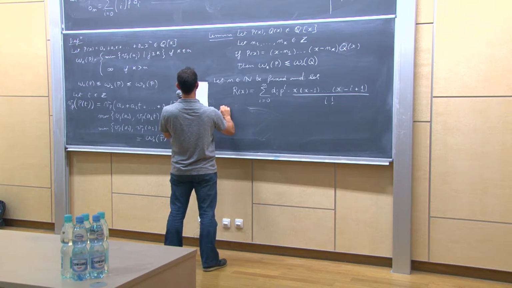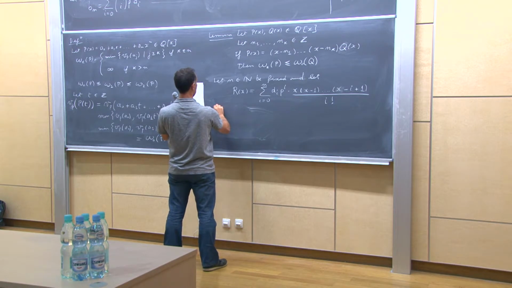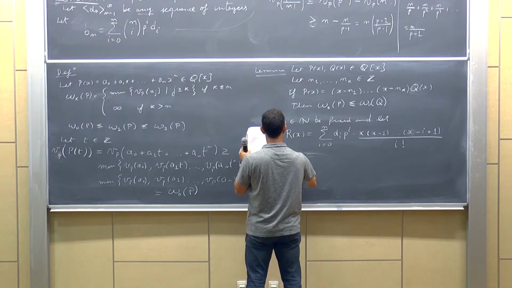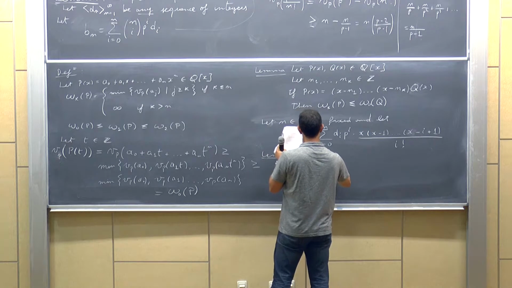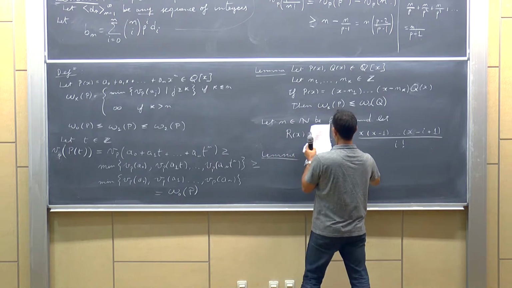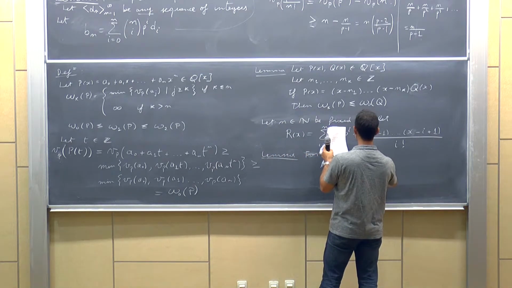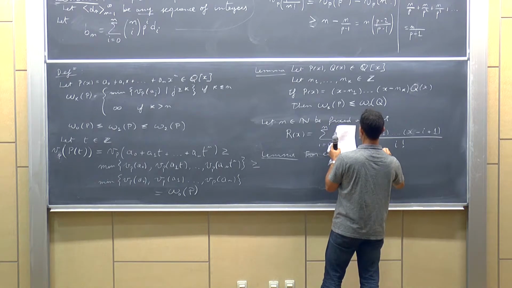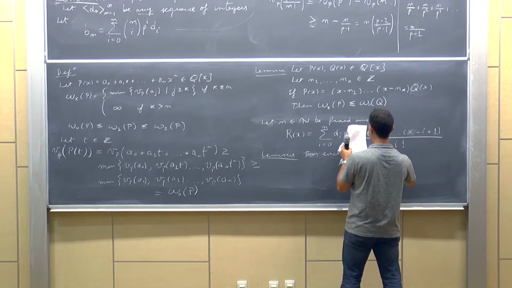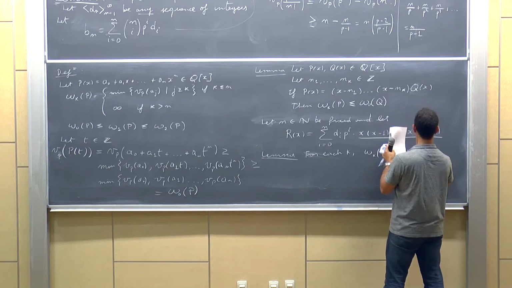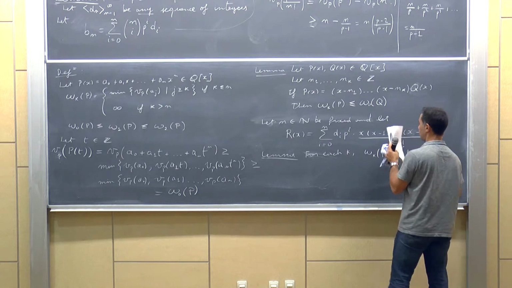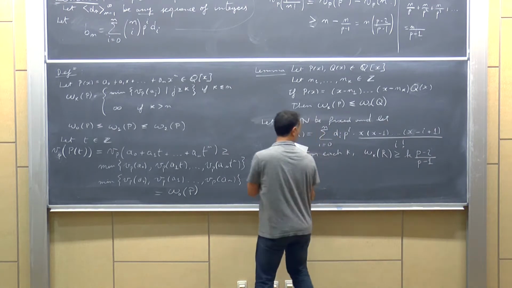The claim is the lemma: for each k, omega k of R is at least k times (p minus 2) divided by (p minus 1). Okay, so that lemma I will prove.